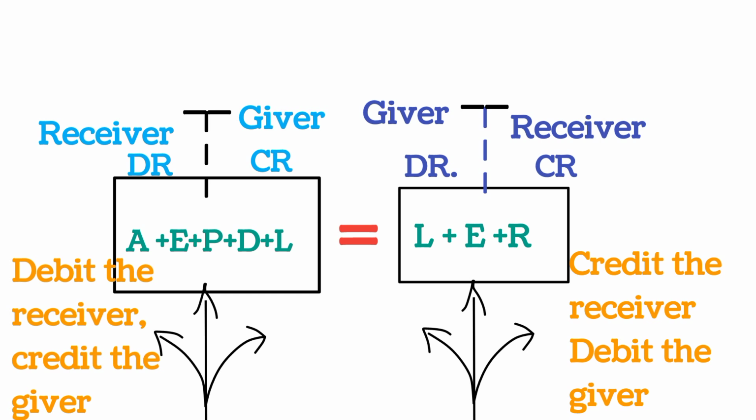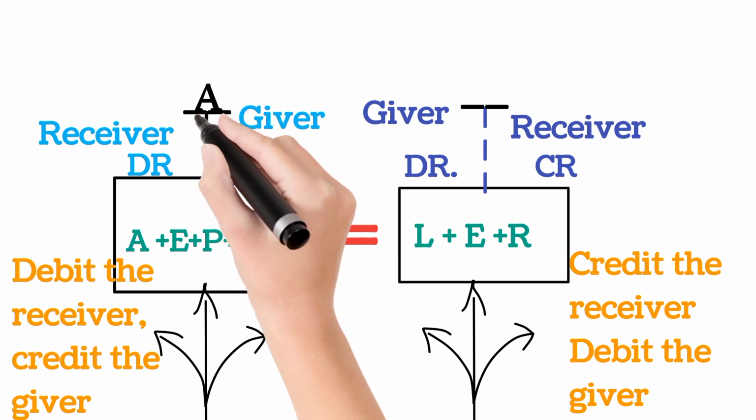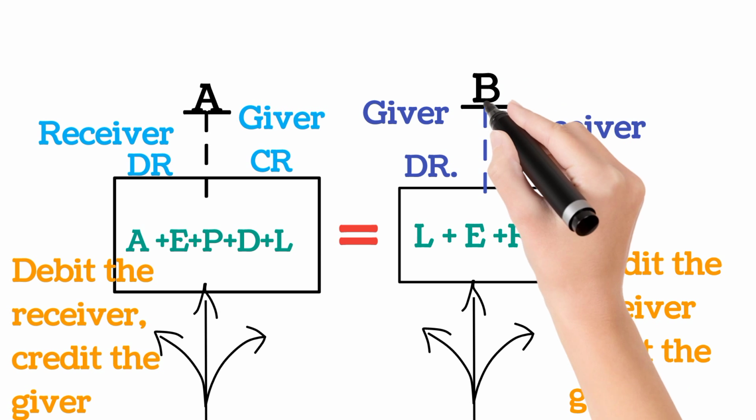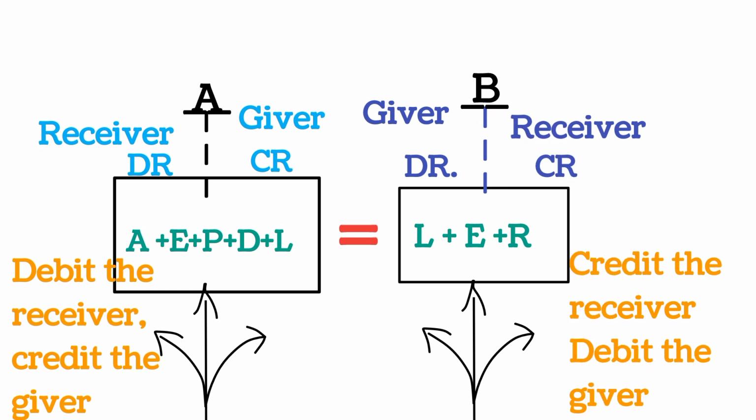There is no entry, there is no transaction that you are going to do in accounting that is not going to fall into either assets or expenditure or purchases or drawing or loss items or liability or equity and revenue items.